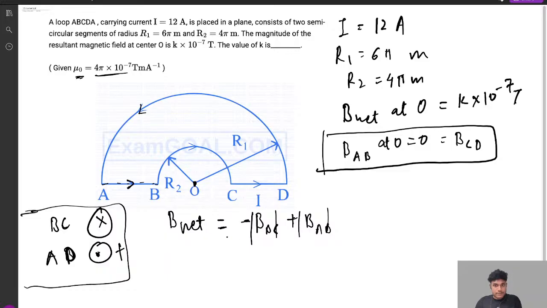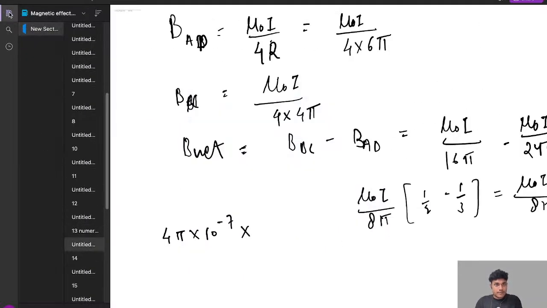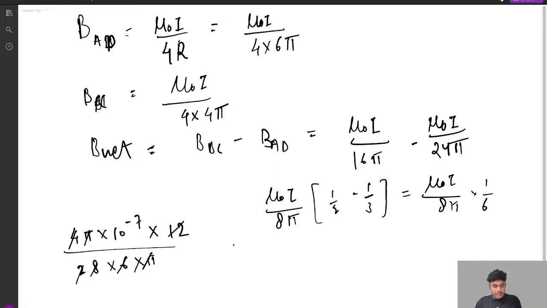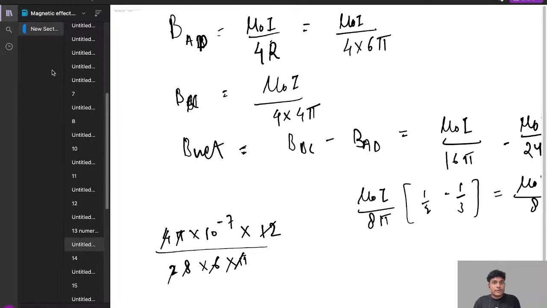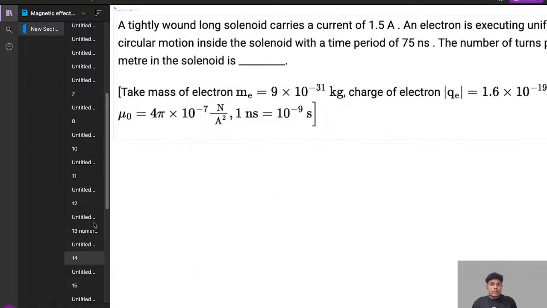Current is 12. Okay, that is 12 upon 8 into 6 into pi. If I solve this, cancel out this and this, and that's 1 into 10 raised to power minus 7. And here is our answer, k is equal to 1. Right? Here k is equal to 1.